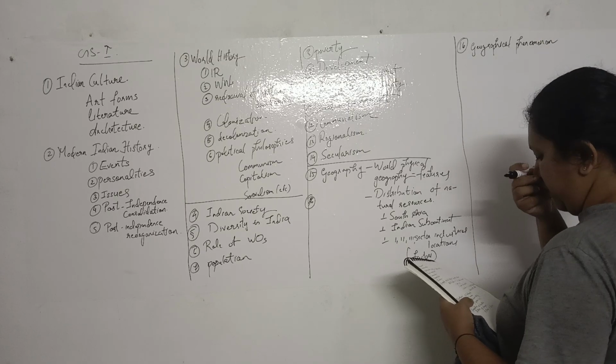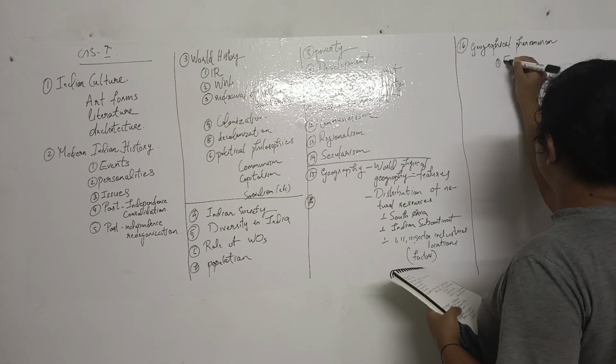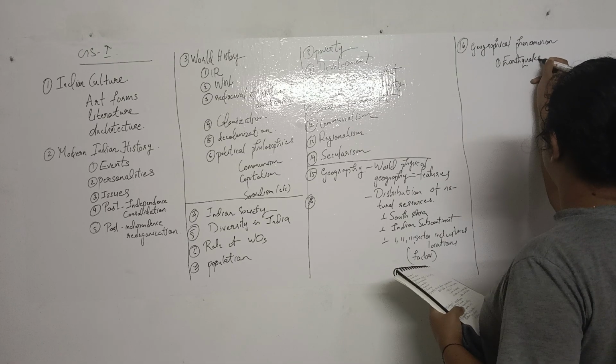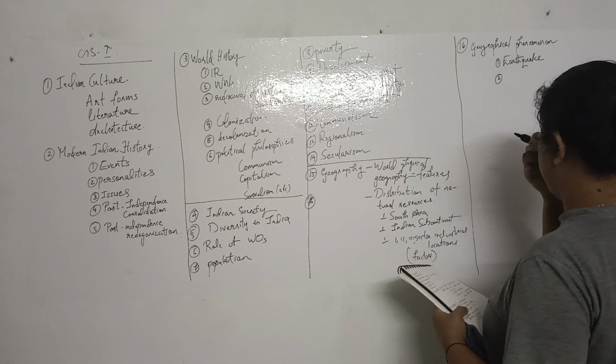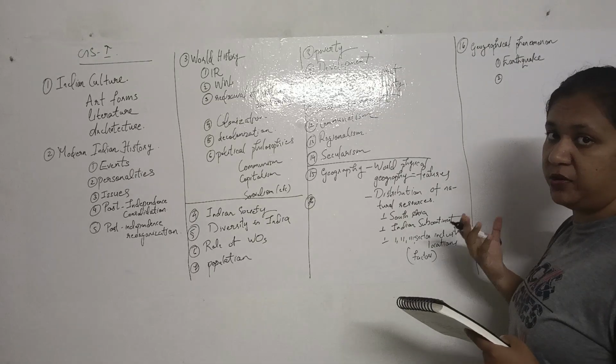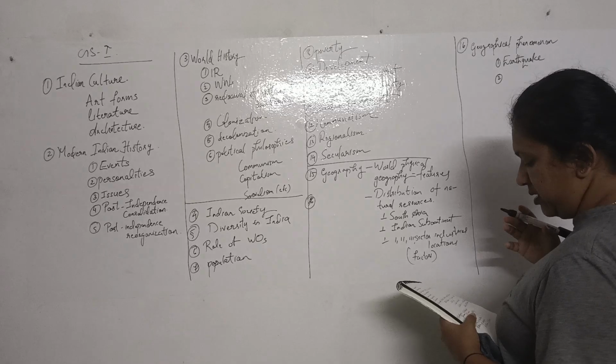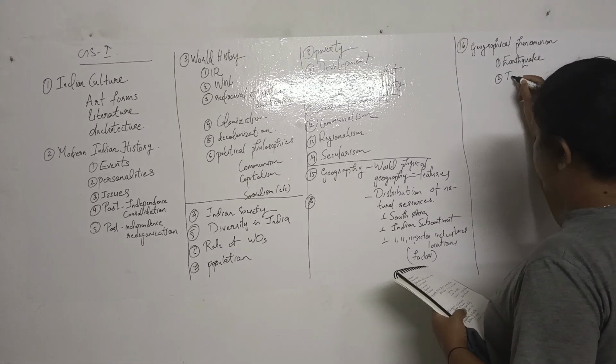The first one is earthquakes: how they happen, where they happen, earthquake-prone areas, major earthquakes that have happened, how disaster management works.